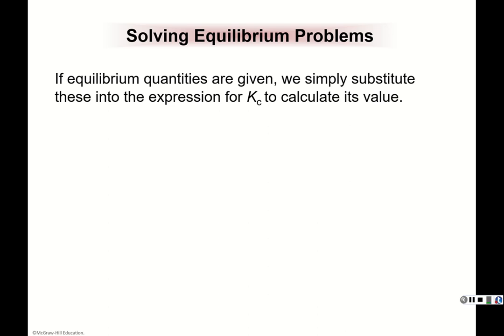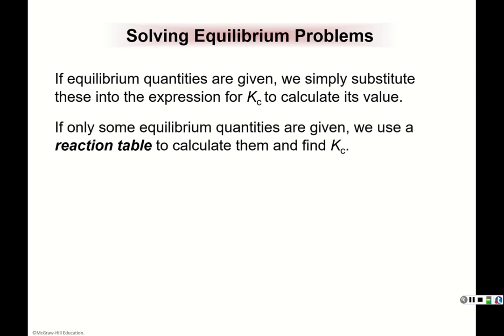But oftentimes those concentrations at equilibrium aren't given to us in the problem. If only some of these equilibrium concentrations are given, then you have to use a reaction table to calculate the rest of them, to find the full expression and calculate an equilibrium constant.